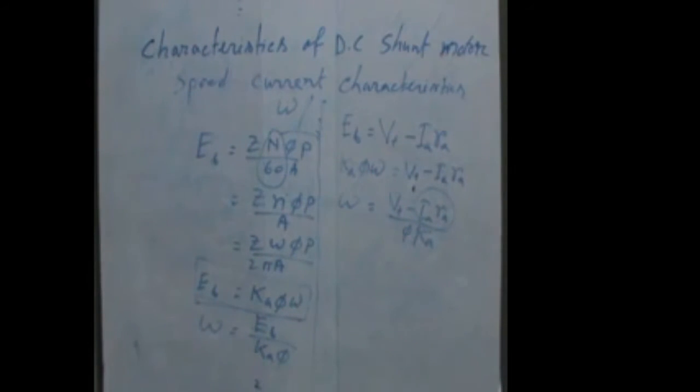When we are increasing Ia, there must be some effect of armature reaction. If we neglect armature reaction, that is the demagnetizing component is not present, then we can simply say that Vt minus Ia Ra is decreasing and phi is constant.